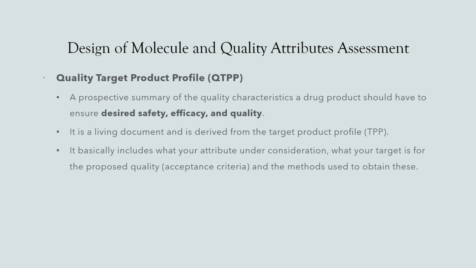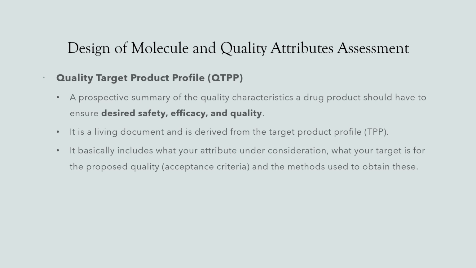And again, as I said, it's a living document. It's updated as more experience and expertise is gained about the product and the process. And you really should be considering it as a tool that enables you to design a high quality drug product right from the conception, throughout the life cycle and the development of the drug product. So throughout the clinical trials and throughout the marketed medicinal product.